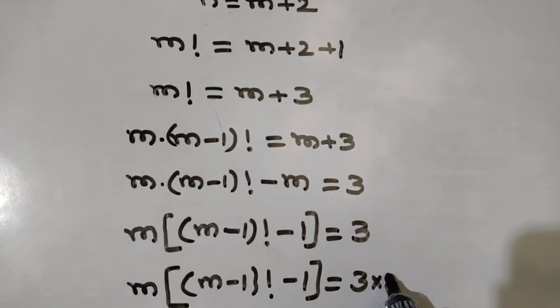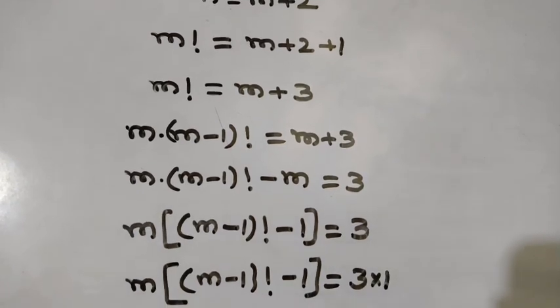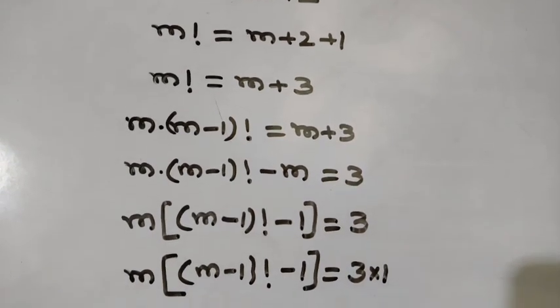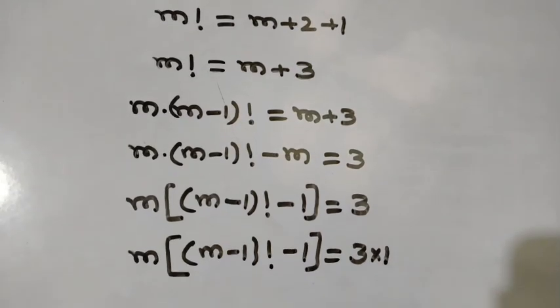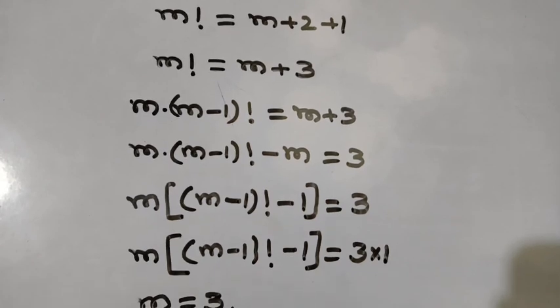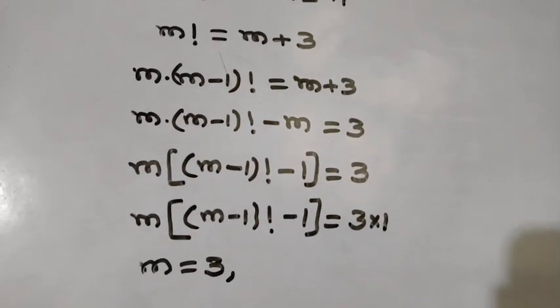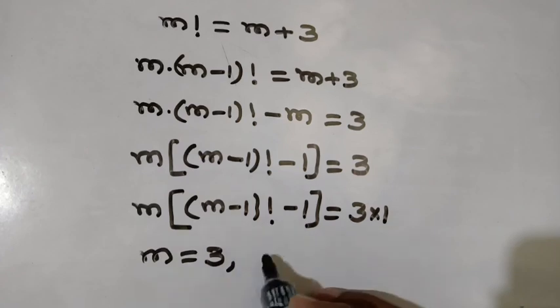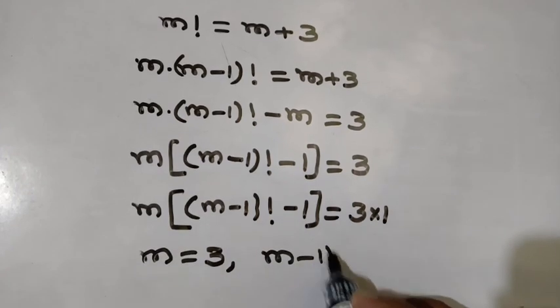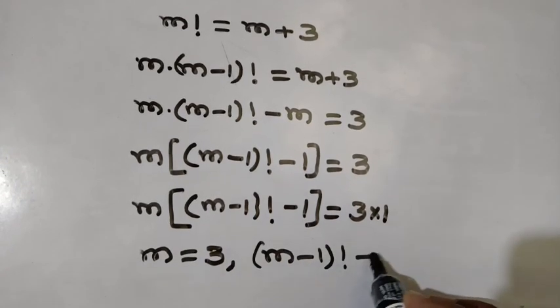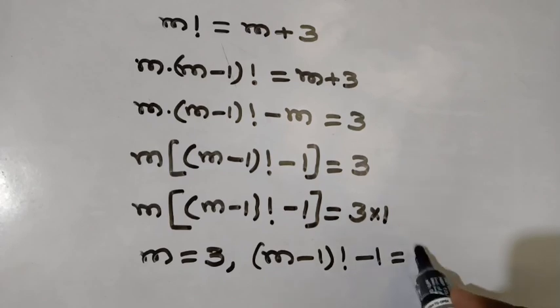I can write 3 as 3 times 1, and even 1 times 3, because 3 is a prime number. There are only two possibilities, either 3 into 1 or 1 into 3. Let me say it is 3 into 1 that I have taken. Comparing the products, if I take m is equal to 3, can (m − 1)! − 1 be equal to 1?